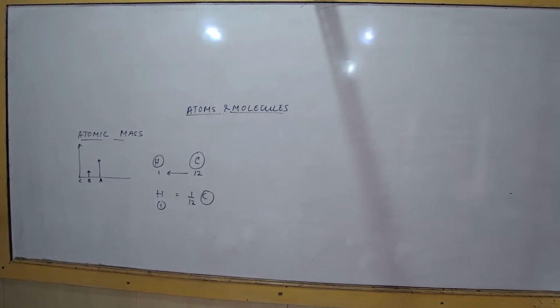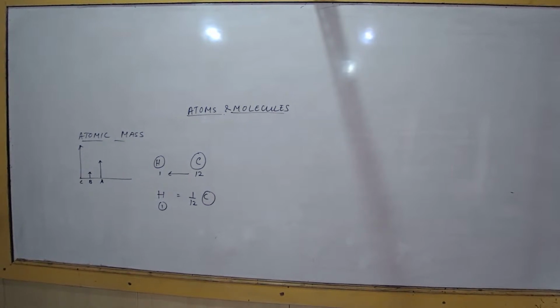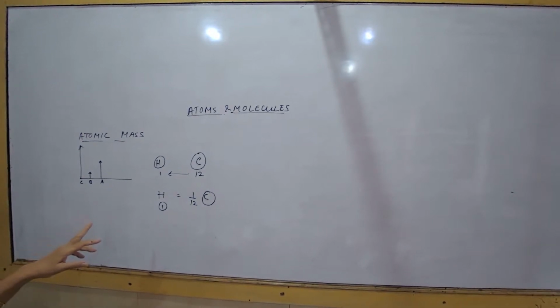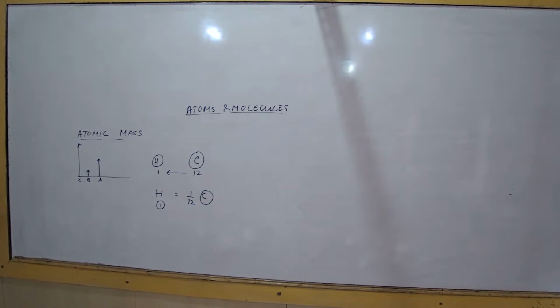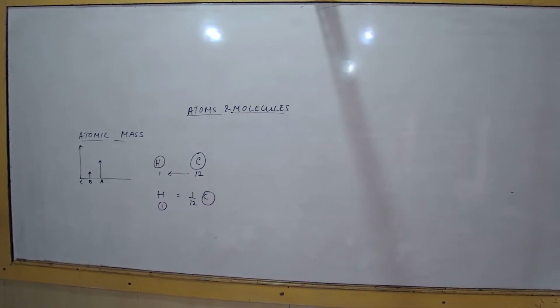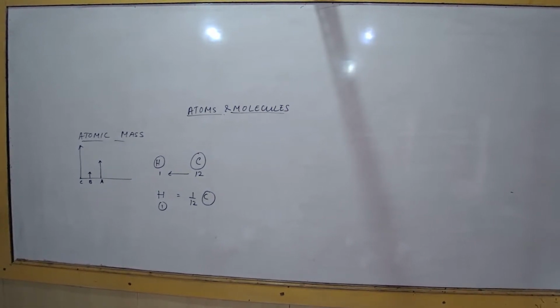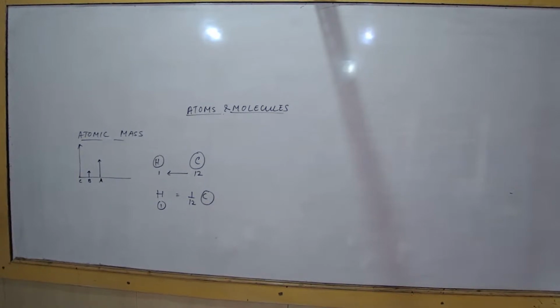You have to compare nitrogen with hydrogen. You have to compare carbon with hydrogen. Or if at all hydrogen is not there, then what did we say? We are going to compare it with 1/12 of carbon. Did you get it? You cannot compare oxygen with magnesium. If we compare anything with anything, we have to have only one standard. What is the standard? Hydrogen. Right.